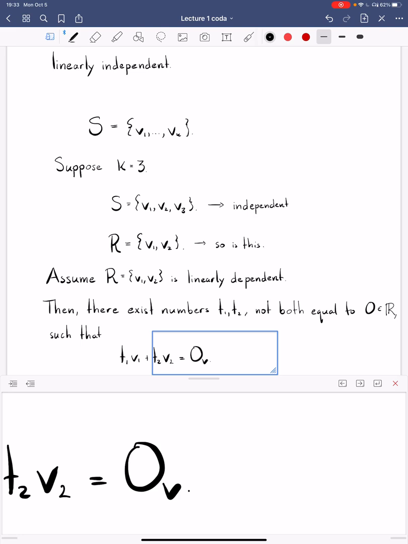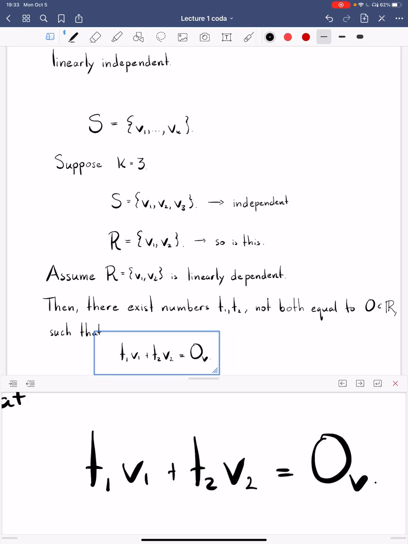All right, so there's what's called a non-trivial linear combination of v1 and v2. That means a linear combination in which both coefficients t1, t2 aren't 0. Right, the trivial linear combination is when they are all 0, which is equal to 0v.